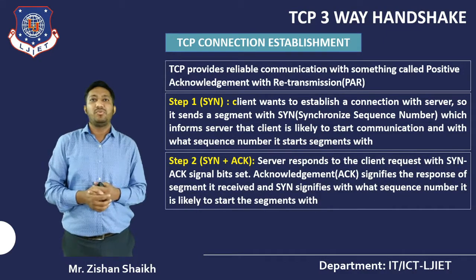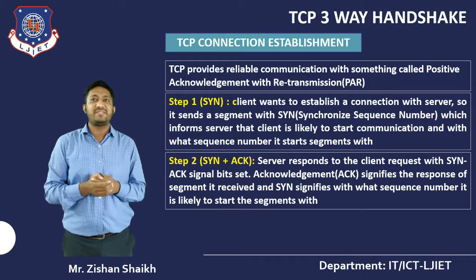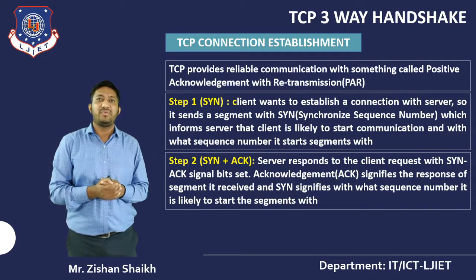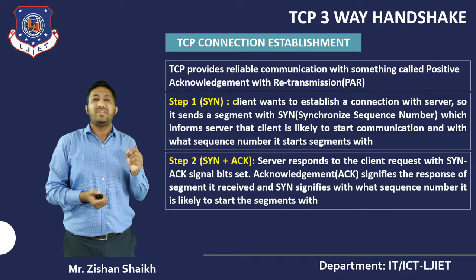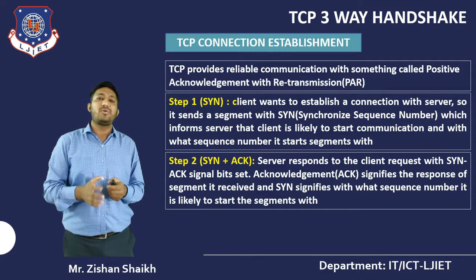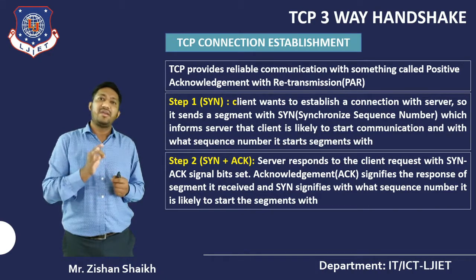Now step number 2. When the server has successfully received the synchronization message, in response it gives the synchronization plus acknowledgement. The server responds to the client with a sync plus acknowledgement signal bit. What is the acknowledgement bit here? The acknowledgement signifies that the segment has been received.